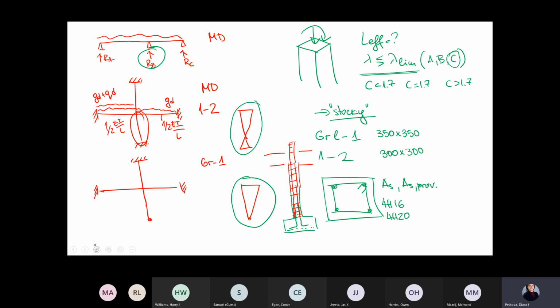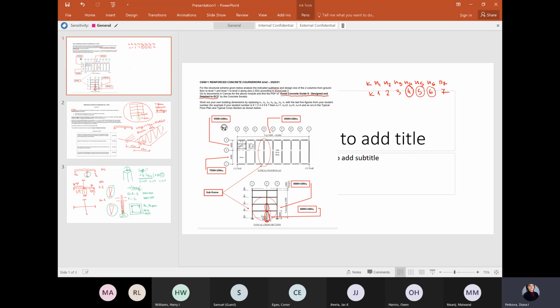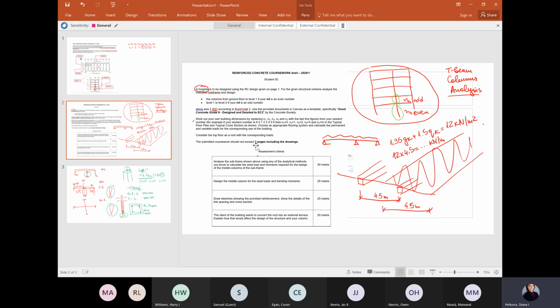I think there's a limit to the number of pages. It says 7 pages, including the drawings. I think this is perfectly doable.